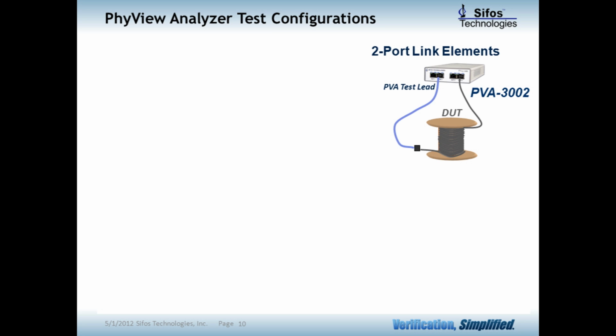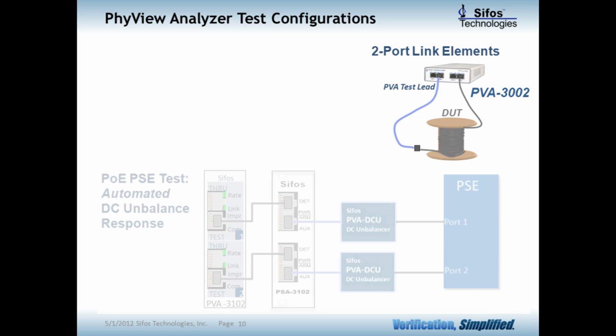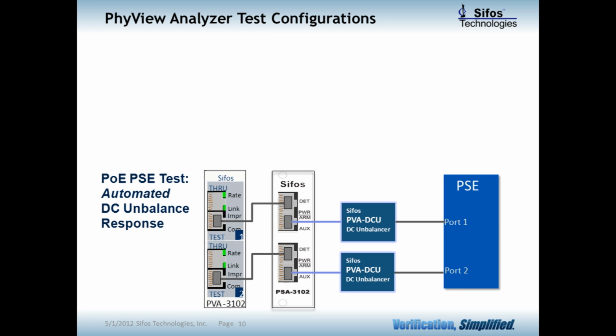The PhyView analyzer can also be utilized as a 2-port test instrument to make measurements on both passive and active link components. Finally, the PhyView analyzer, combined with the PowerSync analyzer from Siphos Technologies, provides a fully automated solution to the extremely tricky challenge of assessing the impact of various DC unbalance levels on Ethernet power sourcing equipment, or PSEs.